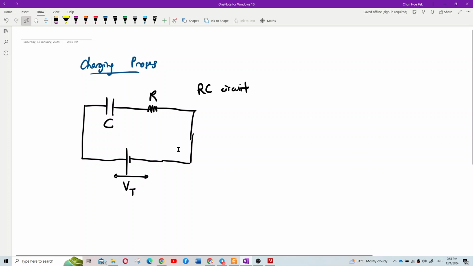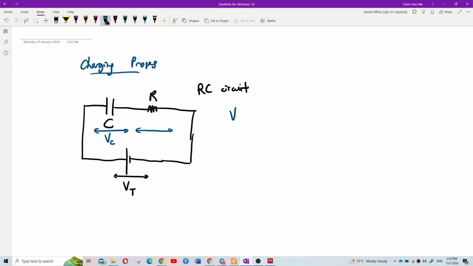So like this, initially, before the capacitor is being charged, okay, before I want to go any further, I want to put it this way: across the capacitor, you have voltage for capacitor. Across the resistor, we have voltage for resistor.